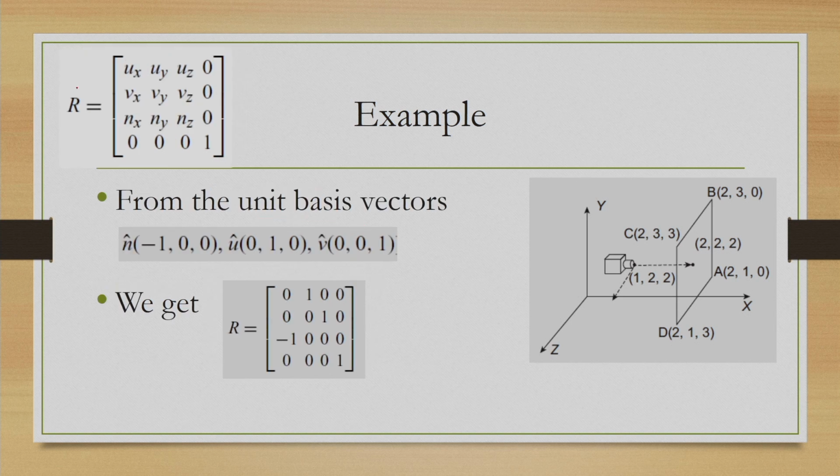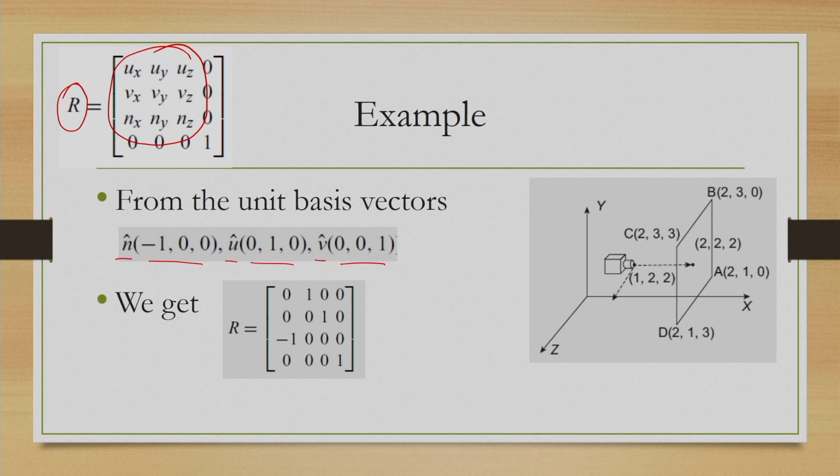Again, we already know the rotation matrix, which is in terms of the vectors which define the coordinate system, and we already have determined these vectors. So, we replace those values here. n cap is minus 1, 0, 0, u cap is 0, 1, 0 and v cap is 0, 0, 1. We already have determined these.